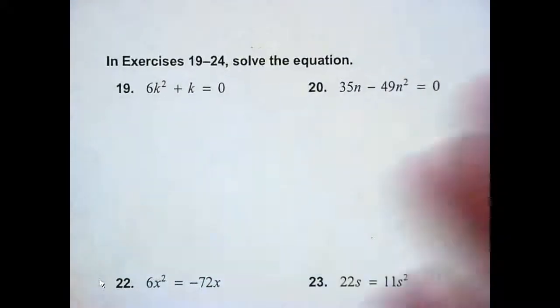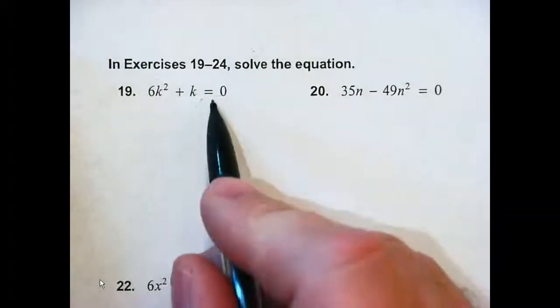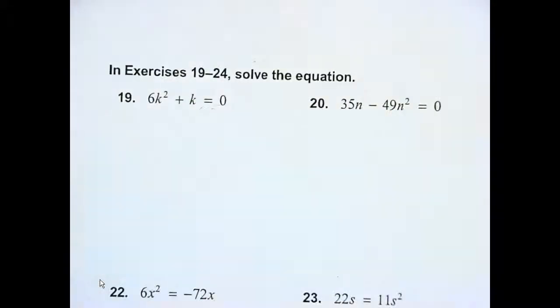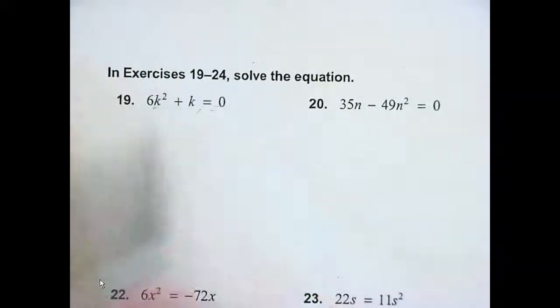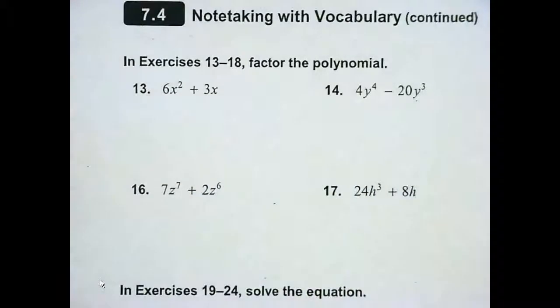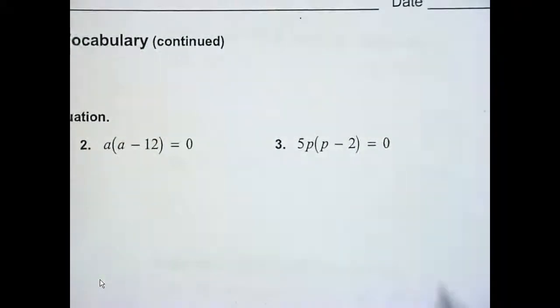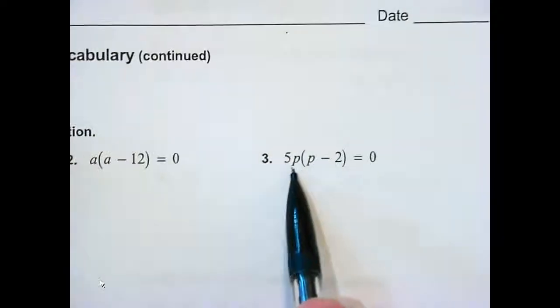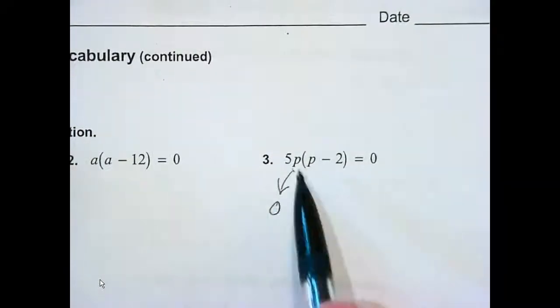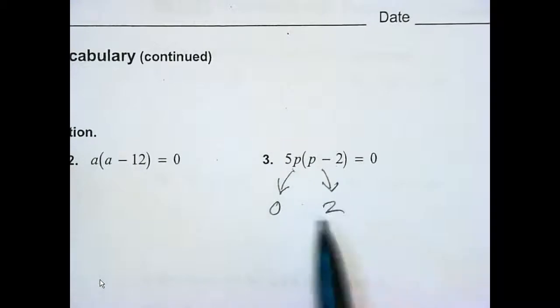You have to be multiplying for it to be beneficial to equal 0. If you're adding, I could give you an infinite number of numbers that add together and make 0: 1 and -1, 2 and -2, 3 and -3. It's not helpful if you're adding to get 0. It's only helpful when you're multiplying to make 0. That's why we liked this format on the previous page. This times that is 0. It means this part equals 0, and this part is 0. We know our answers.